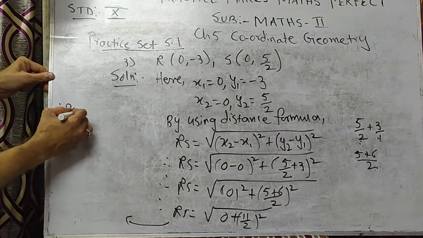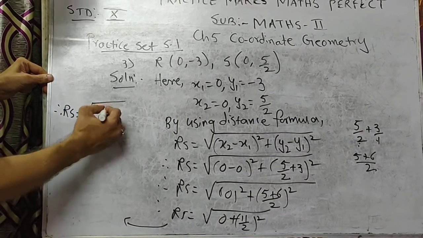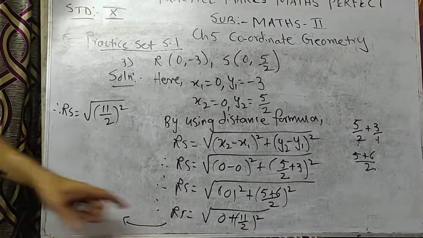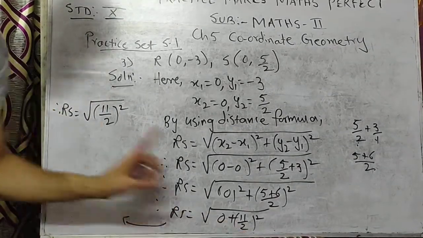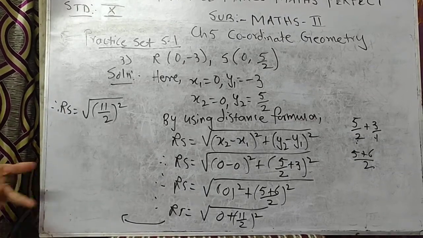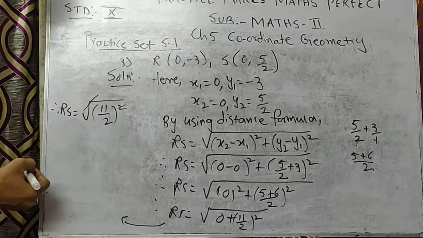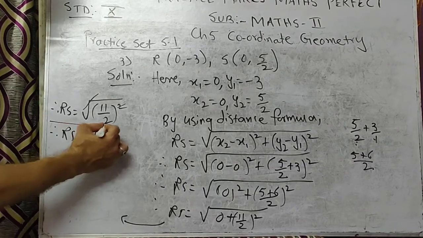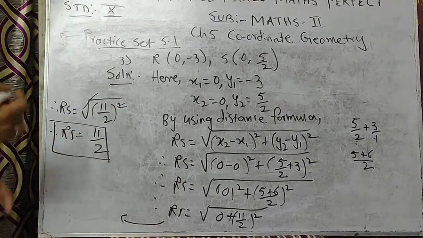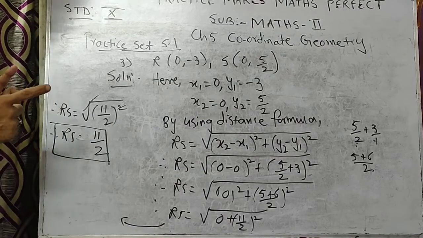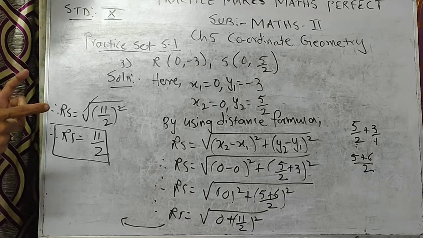Therefore RS is equal to square root of 11 upon 2 the whole square. Now this square and this square will get cancelled and you will get the answer RS is equal to 11 upon 2. Distance between R and S is 11 upon 2.